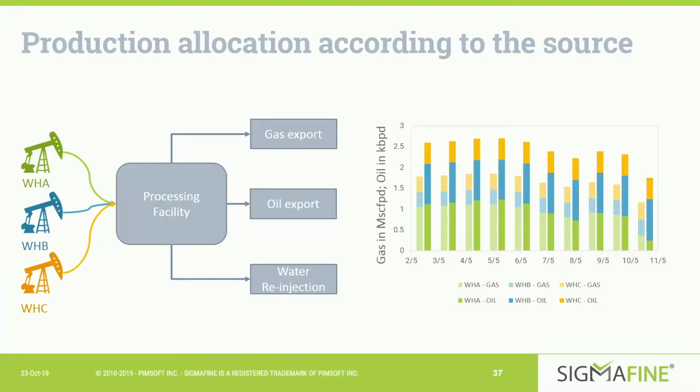So going back to the back allocation example that we posed earlier, let's say you have 3 wells that are in production. They are producing gas, oil, some water reinjection. So composition tracking is going to allow us to not only see the total production numbers, but the individual well performance.